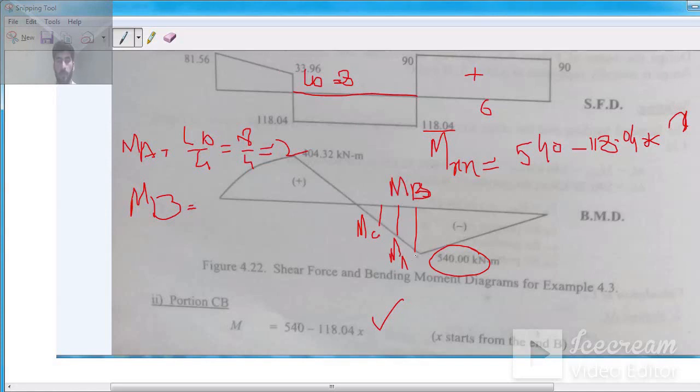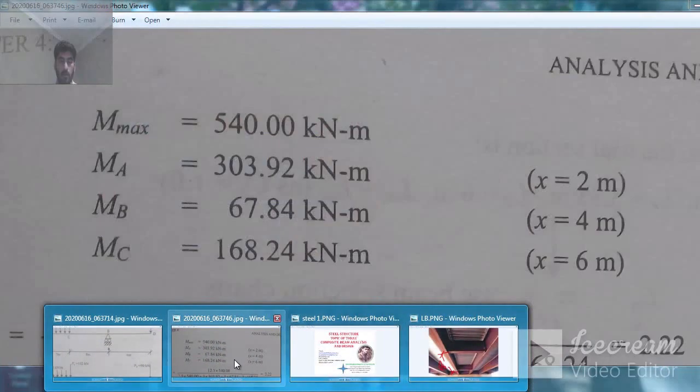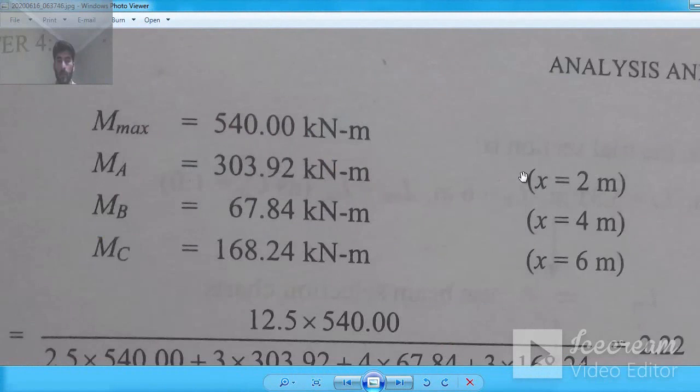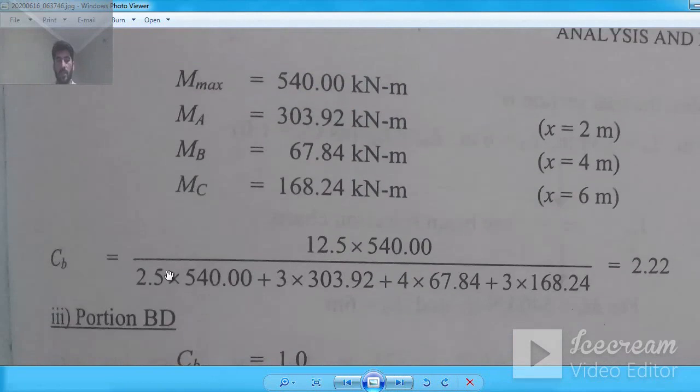Now you see that your MA value is at a distance 2, your MB value at a distance 4. You know the distance used for MA will be 2 times for MB and 3 times for MC. So you get the values, just insert them into the table and you get your answer.